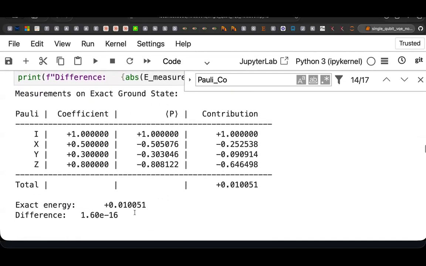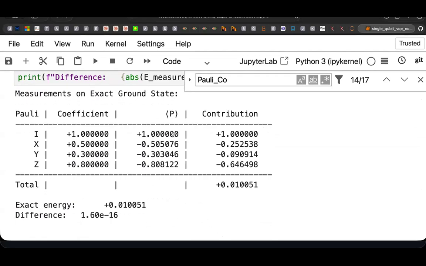So if we now look at the different coefficients, we have a contribution from the identity matrix, from the Pauli X, Y, and Z, which gives us these corresponding values. So this will then give us the final contribution when we also have multiplied with the coefficient.